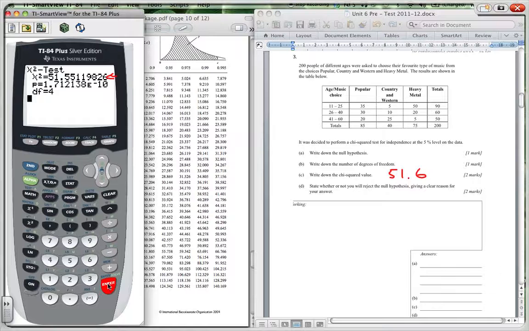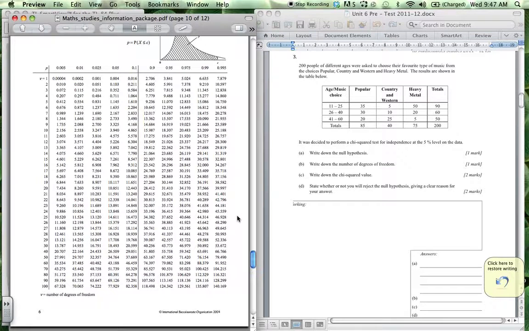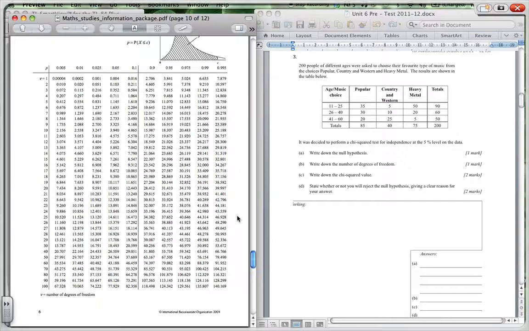Then state whether or not you will reject the null hypothesis, giving a clear reason for your answer. In doing this, we would go to the table. We go to the column of your table that is your number of degrees of freedom.